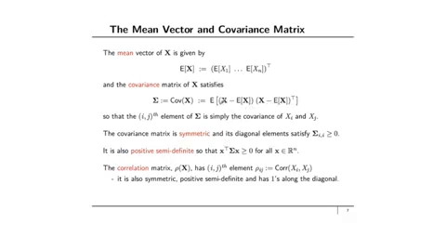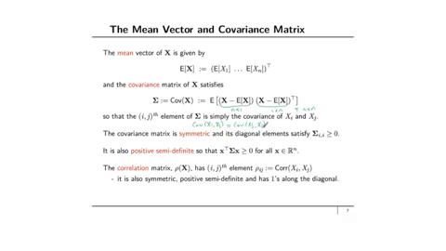Just to be clear, this is an n by 1 vector and this is a 1 by n vector, so the product is n by n. And we get an n by n covariance matrix, with the ijth element of sigma being the covariance of xi and xj. The covariance matrix is symmetric. That, of course, is because the covariance of xi, xj is equal to the covariance of xj and xi.